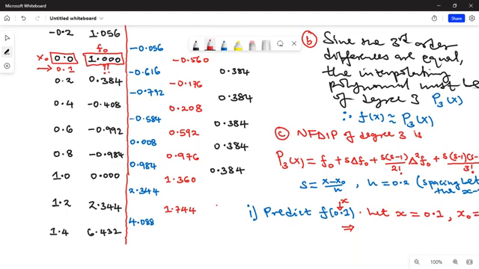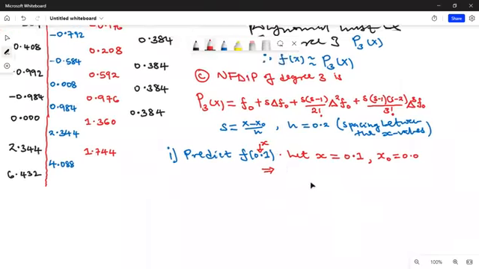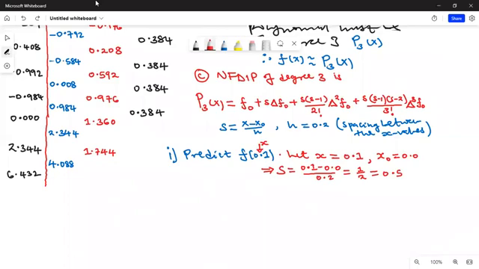So therefore, we can now calculate s. s will now be equal to x, which is 0.1, minus x naught, over h. Remember, it was x minus x naught over h.